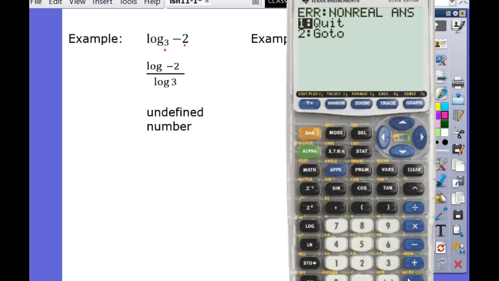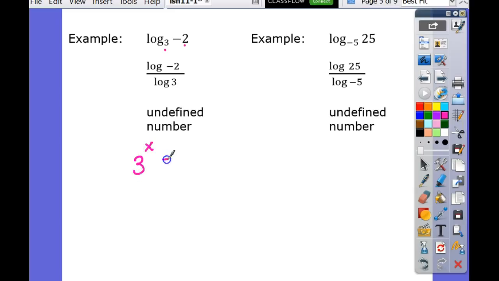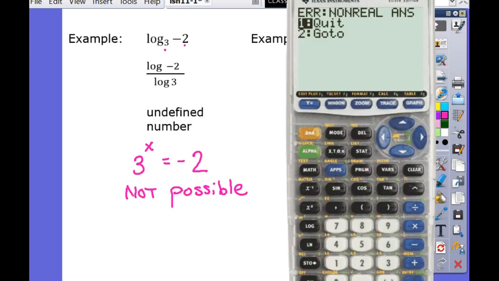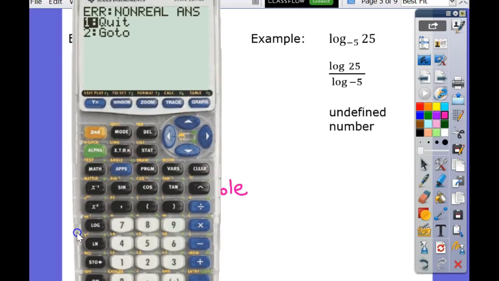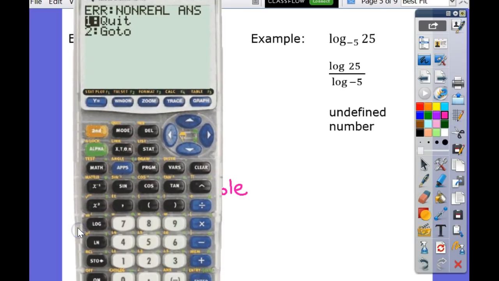And I get an error. The reason I get an error is it's not possible to raise a number to a power and get a -2. That is not possible. So this log is undefined. And this is what the error symbol looks like on your calculator. That means it's not possible to calculate.